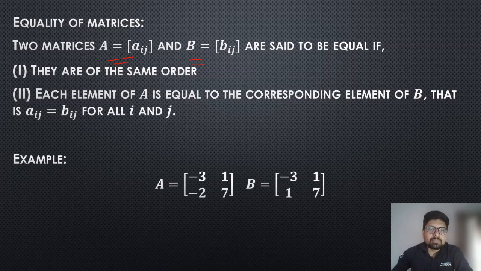You can see in matrix A and B, -3, -3, 1, 1, -2. Sorry, there is a correction. It should be -2, and this is 7. So these two matrices are the same. You can also see that it is a 2 by 2 matrix and it is a 2 by 2 matrix, meaning A and B are both 2 by 2 matrices. So they are called equal matrices.